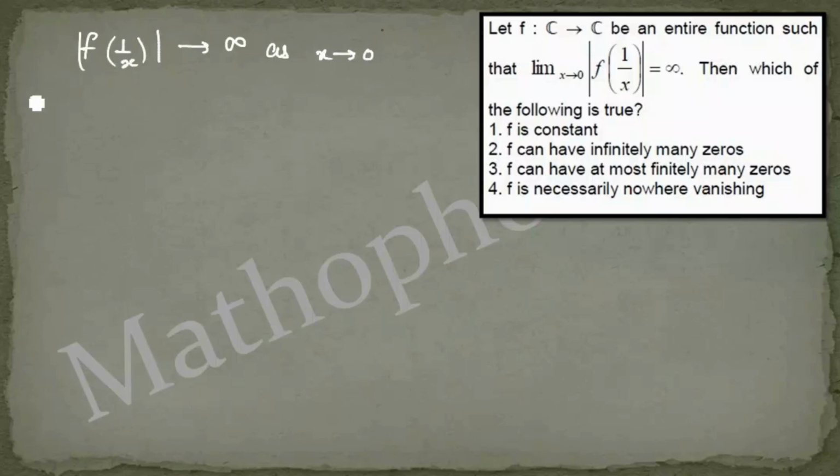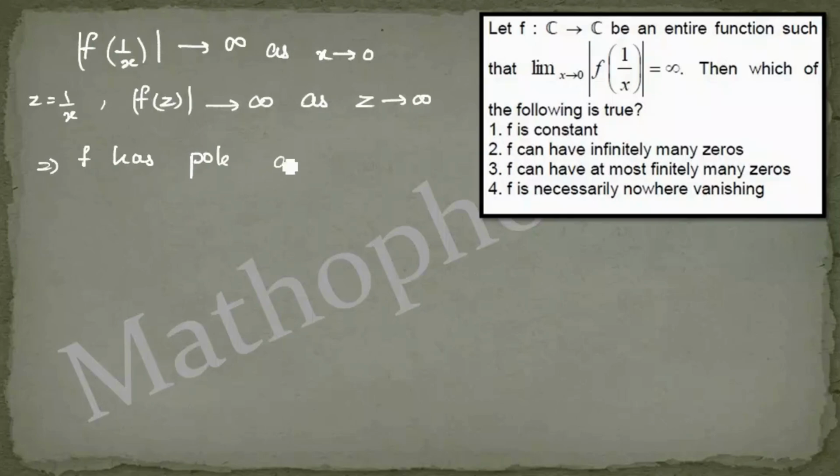So here we can consider 1 by x as z. So mod f of z tends to infinity as z tends to infinity. So this implies f has a pole at infinity.